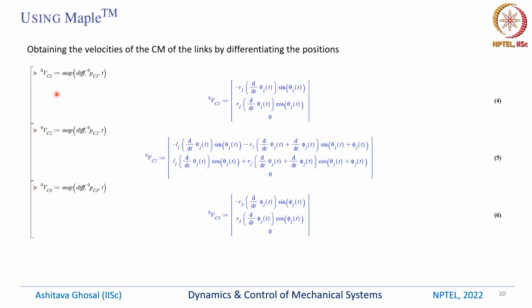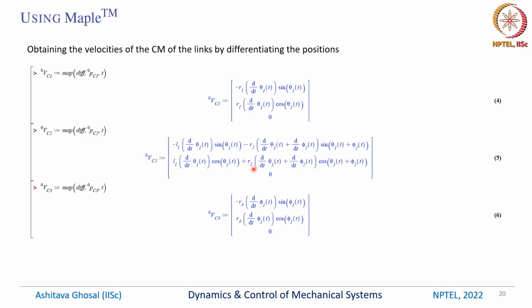The velocity of the center of mass or the center of gravity can be obtained by taking the derivatives of these position vectors with respect to time, and again you will get minus r1 theta 1 dot sine theta 1 and so on. Similarly, the velocity of the CG of the second link can be obtained by taking the derivative of PC2 with respect to time, and again we will get all these terms.